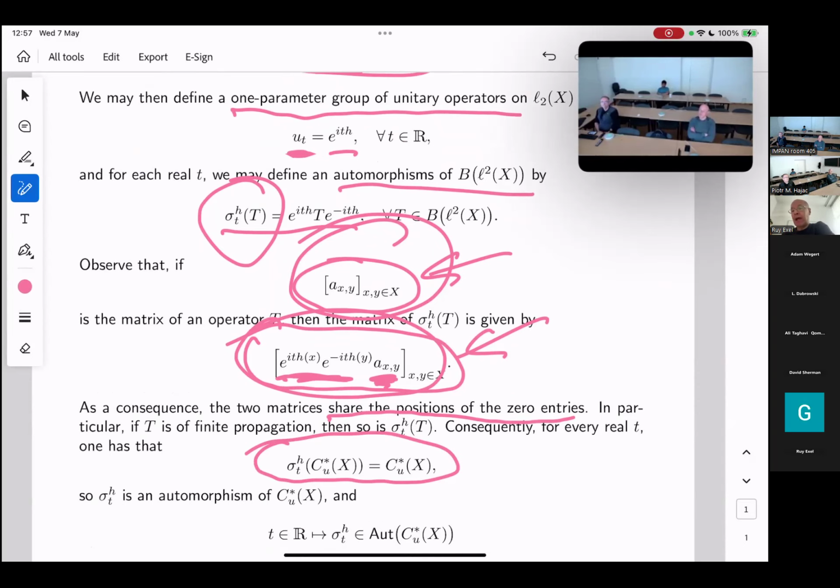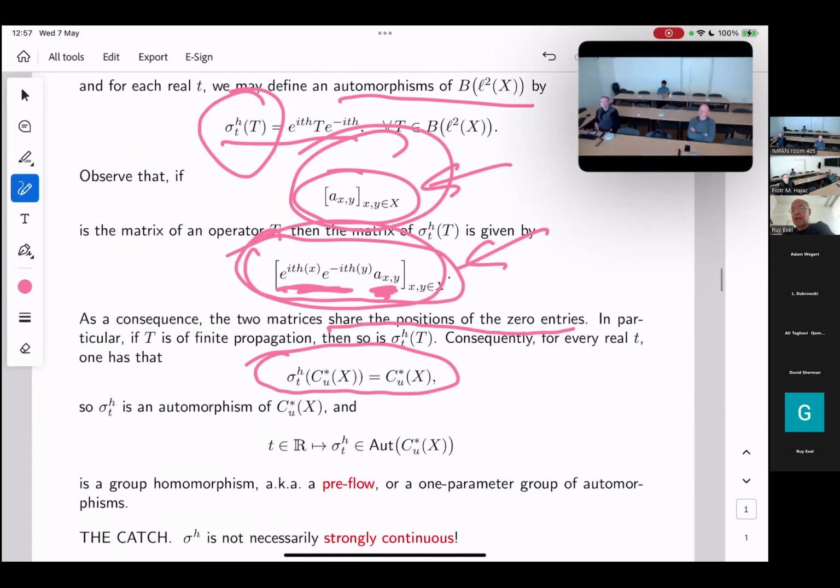And so if we have an automorphism, we can define what's called a one-parameter group of automorphisms by this. A one-parameter group of automorphisms, by definition, is simply a homomorphism from the real line to the group of automorphisms of our C-star algebra. I am also going to call this a preflow. A preflow is the same as a one-parameter group of automorphisms.